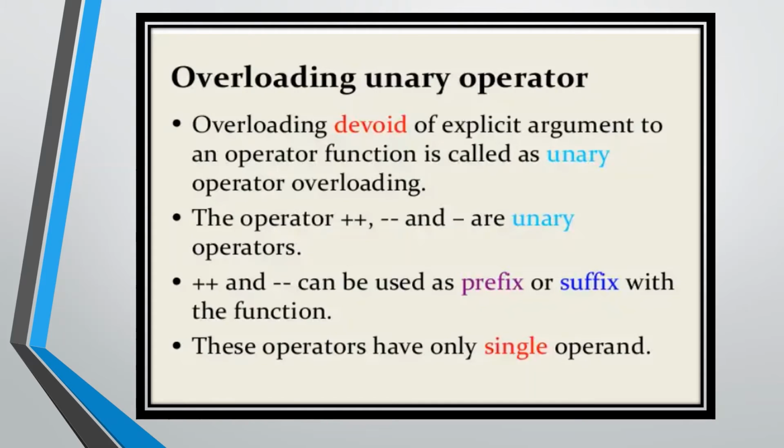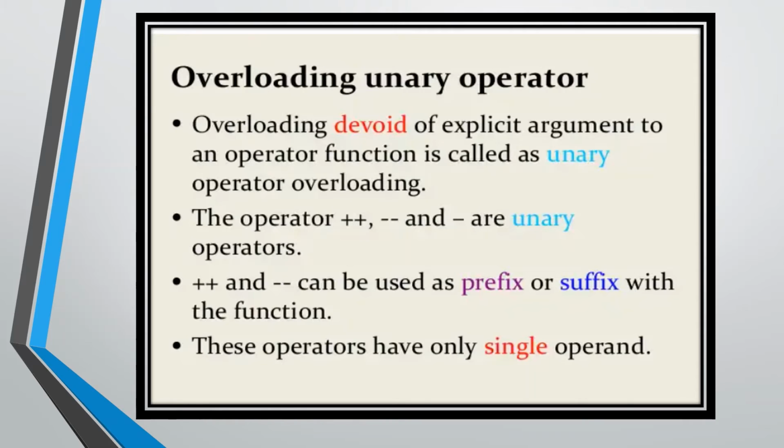Suppose we write plus plus a, then it becomes a prefix, and a plus plus is a suffix or postfix. These operators have only one, that is a single operand. So this is the situation under unary operator overloading.